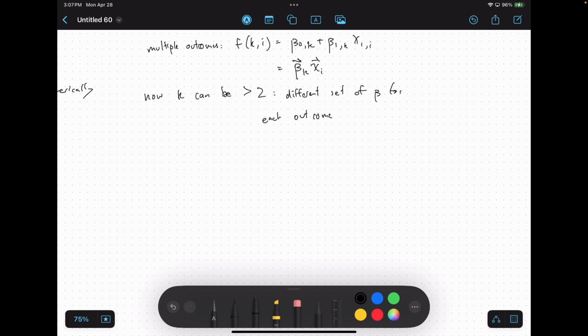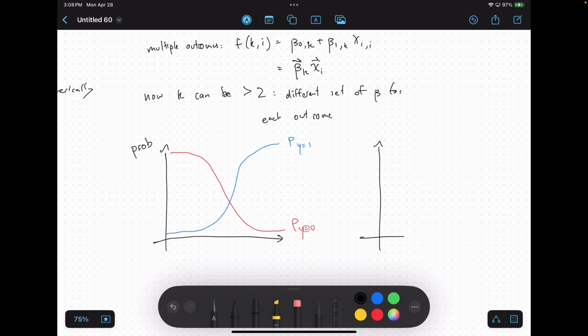So we used to have something like this: probability for y equals 1, and then probability for y equals 0.